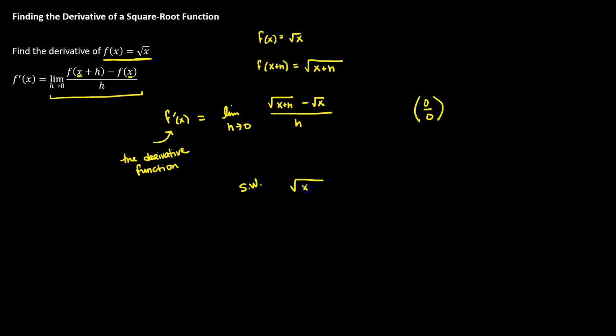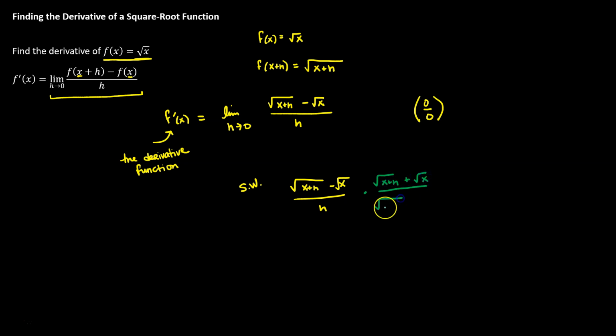So what I'll do is copy over the difference quotient, and then we're going to multiply that by the conjugate on top and bottom. It's the numerator that has the radical in it, therefore it's the numerator that we will conjugate because we want to get rid of that radical.